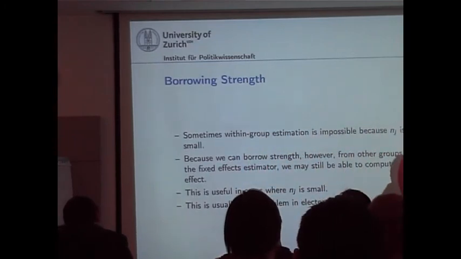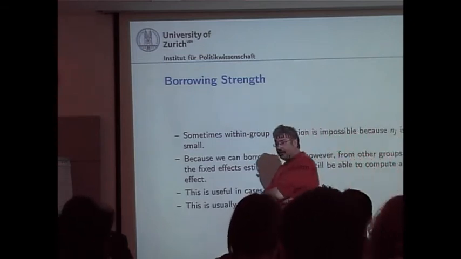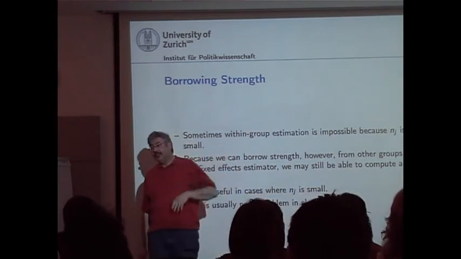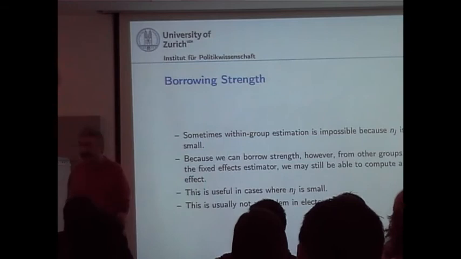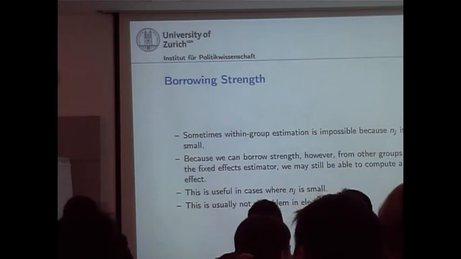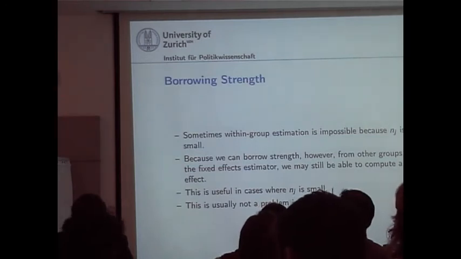That's not such a big deal. What is a bigger deal is having enough level 2 units. And that again goes back to the ability to really estimate the variance components effectively. And that is a more important thing. So the asymptotics in J are actually more important in a sense than the asymptotics in N, to put it that way.